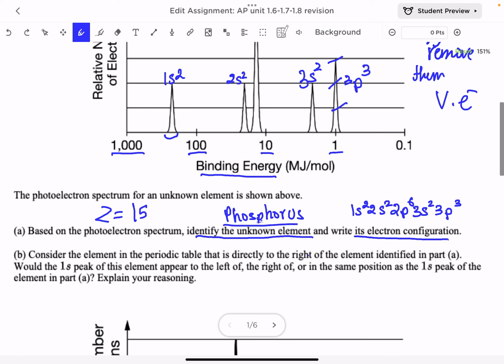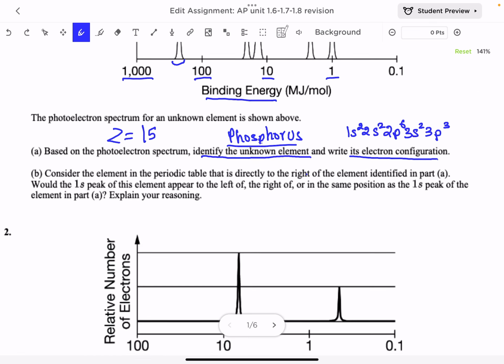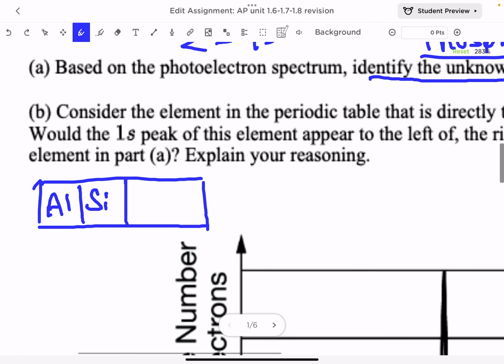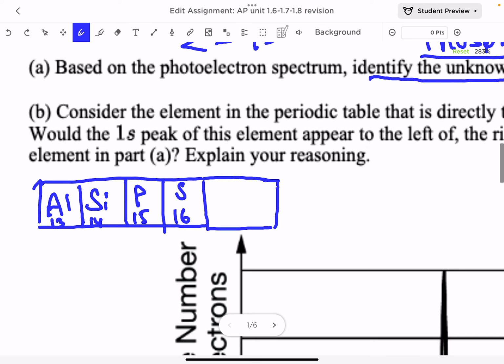Moving on. Now, consider the element in the periodic table that is directly to the right of the element identified in part A. So here's the periodic table, and I have here aluminium, 13 electrons, silicon, 14. I have phosphorus, 15, and I have sulfur, 16, chlorine, 17, and argon, 18.